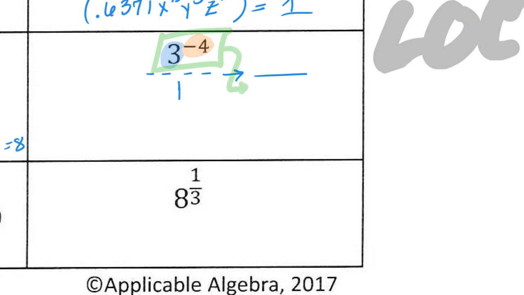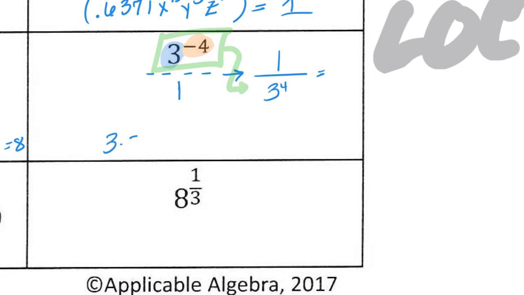It was negative up top, so when I move it, it becomes positive in the bottom. I have a hole because there's nothing else left in the numerator. Every hole that you have in a fraction gets filled with the number 1. So my answer is 1 divided by 3 to the 4th.